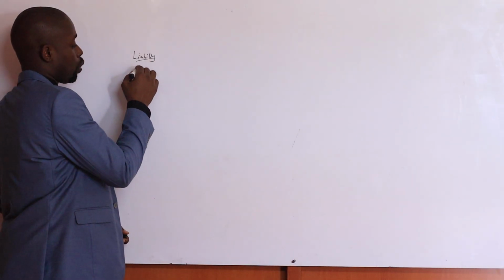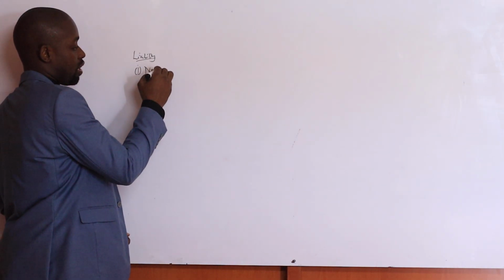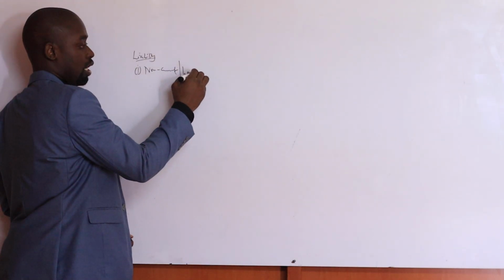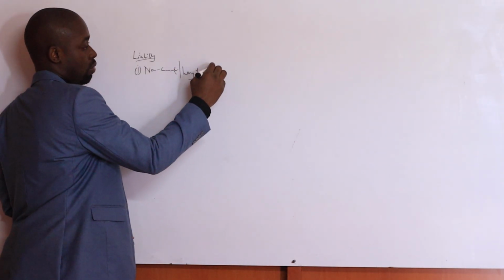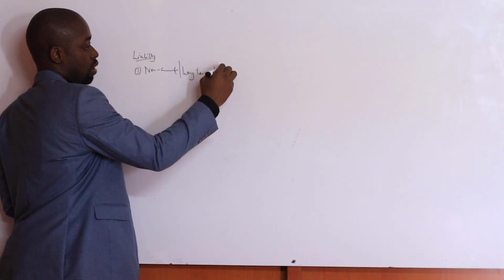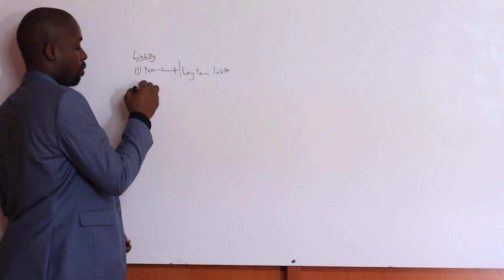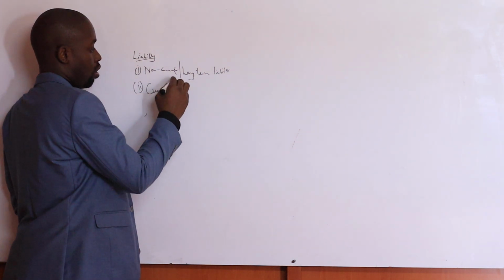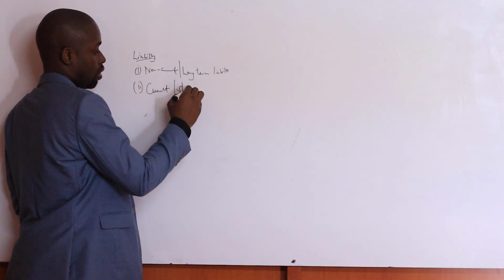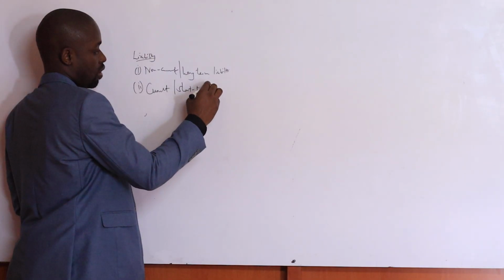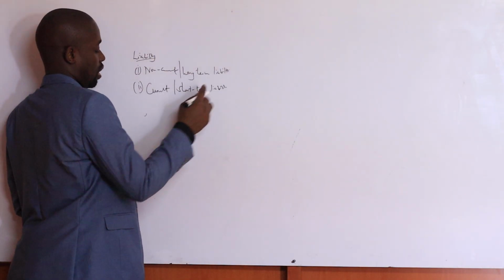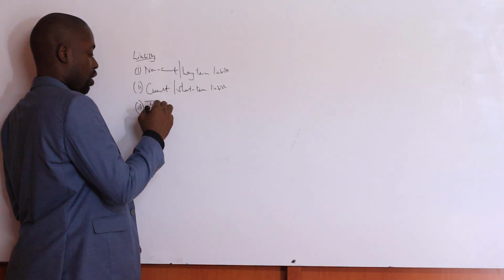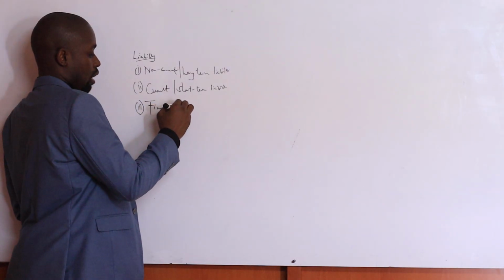Number one, what you call non-current or long-term liabilities. Number two, what you call current or short-term liabilities. And lastly, three, what you call financial liabilities.